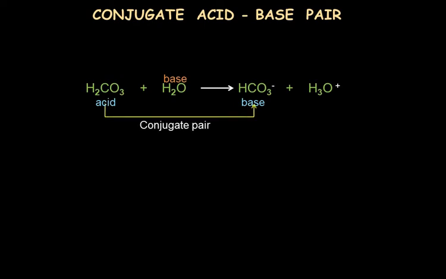So hydronium ion is an acid, and the hydrogen carbonate and the hydrogen carbonate ion are a conjugate acid-base pair, and on the other side, water and hydronium ion are a conjugate acid-base pair.